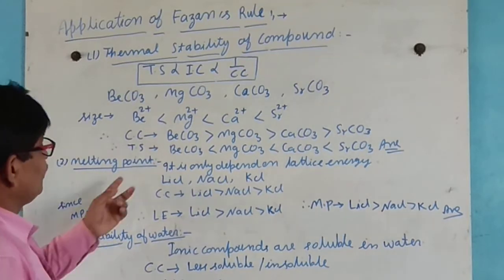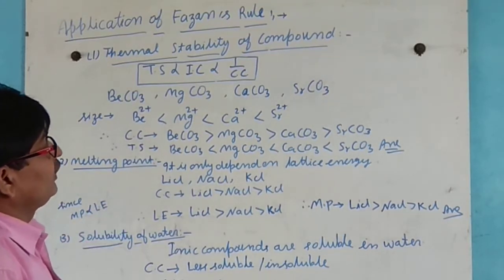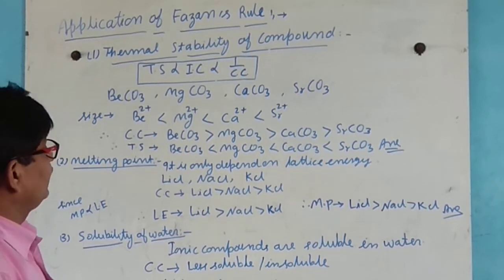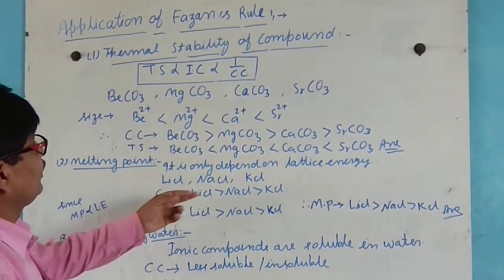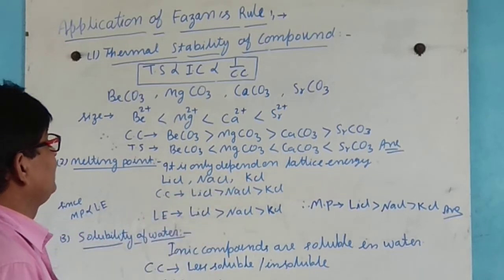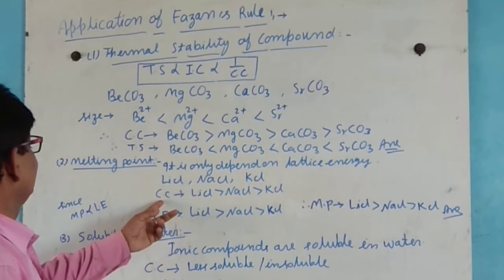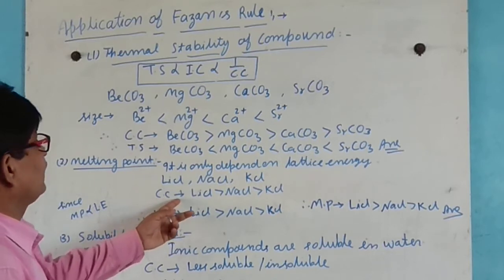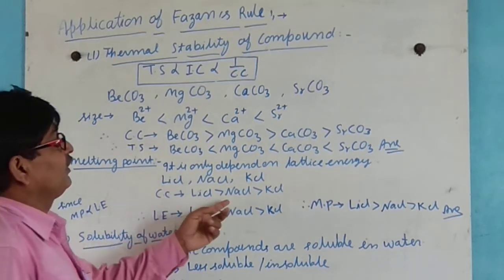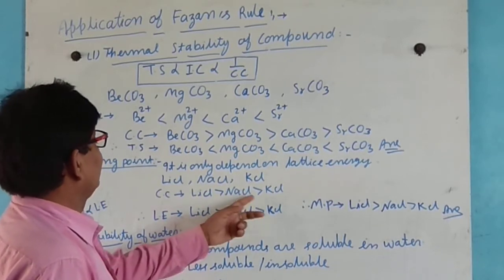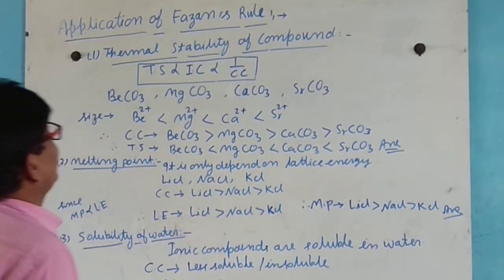Now melting point. It depends on the lattice energy. We take an example: lithium chloride, sodium chloride, and potassium chloride. The covalent character of lithium chloride is greater than sodium chloride, greater than potassium chloride.